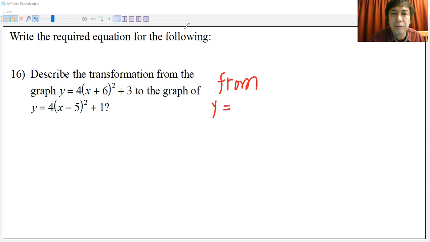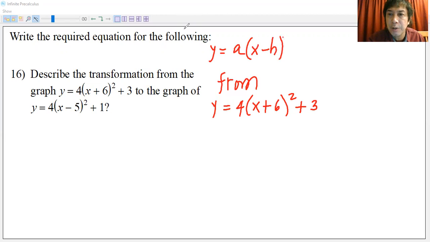It's from y is equal to 4 times x plus 6 squared plus 3. You can rewrite this using the vertex form, which is a times x minus h squared plus k. We can identify the actual sign of the h if we use the minus in the formula.